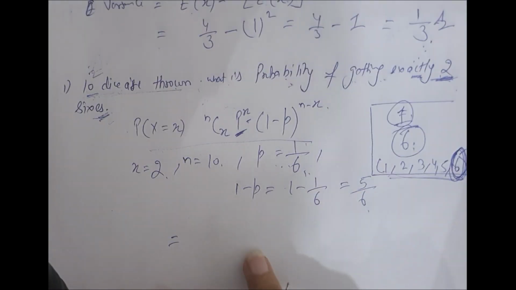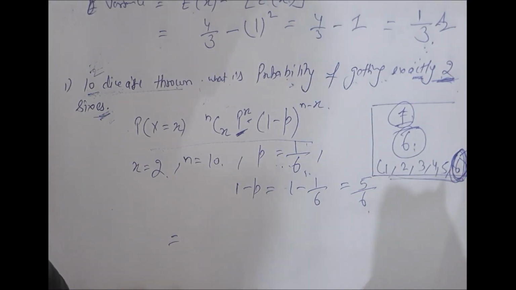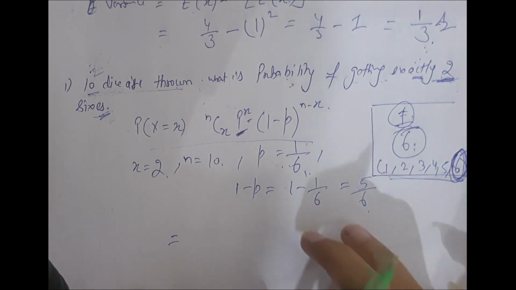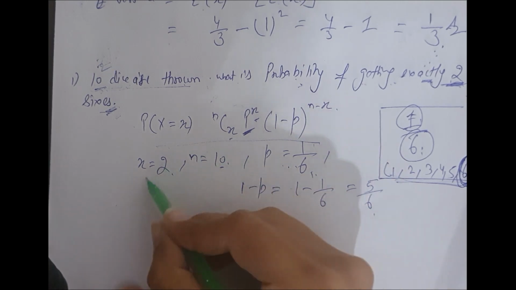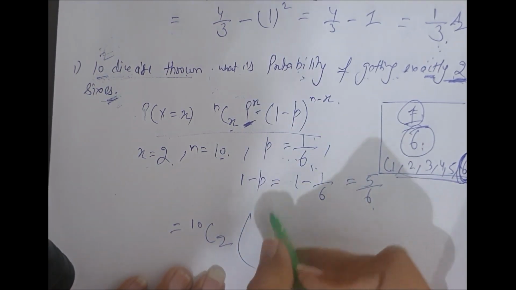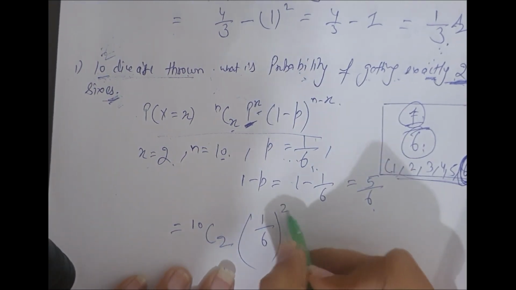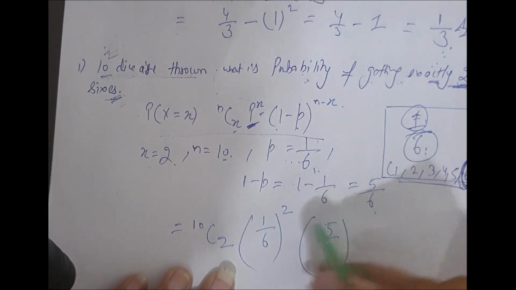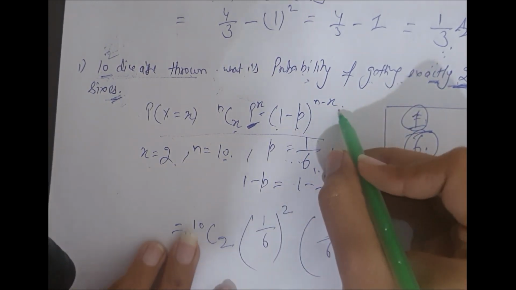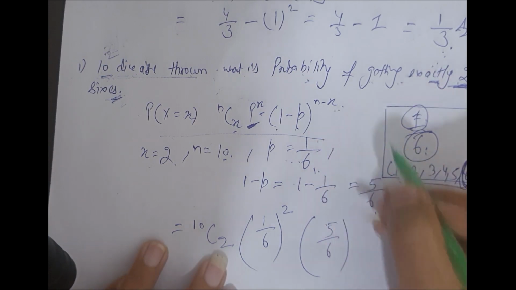If you are not clear with this example, it's okay. We will do many more examples based on this. Here n is 10, so 10C2, p to the power x is 1 by 6 squared, and 1 minus p is 5 by 6 raised to the power n minus x. n is 10, 10 minus 2 is 8.